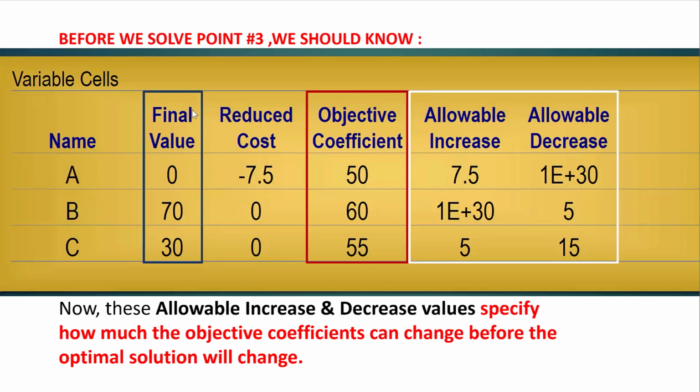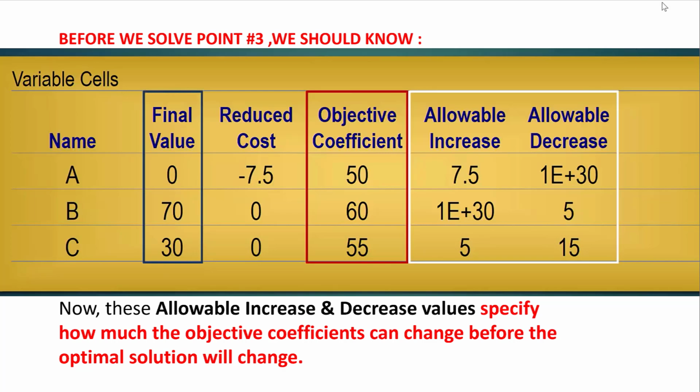As we know, we produce 70 from B, 30 from C, and 0 from A. And the objective coefficients, as we know, are 50 for A, 60 for B, and 55 for C. And we can see the allowable increase and allowable decrease. For example, the allowable increase for A is 7.5 and the allowable decrease is 1E+30.